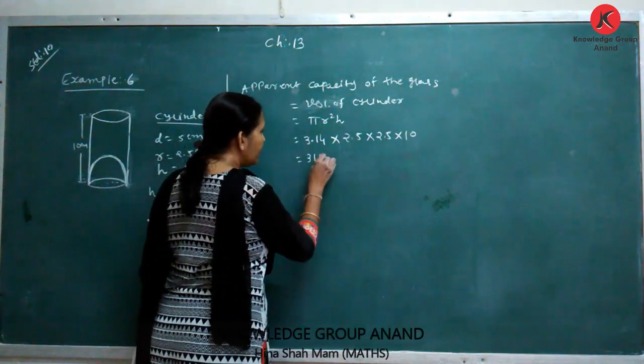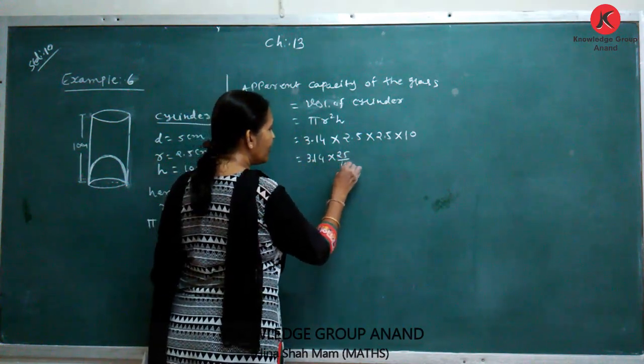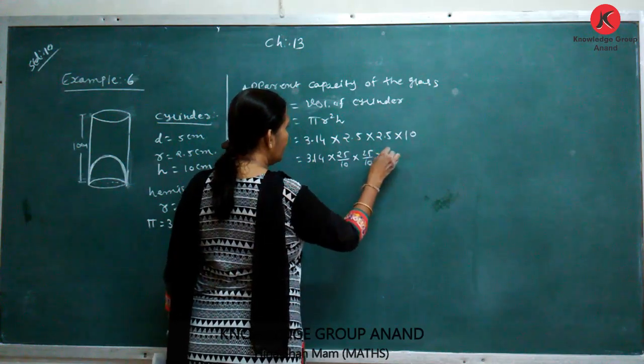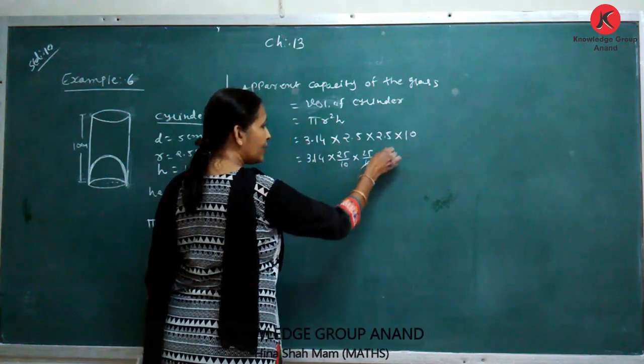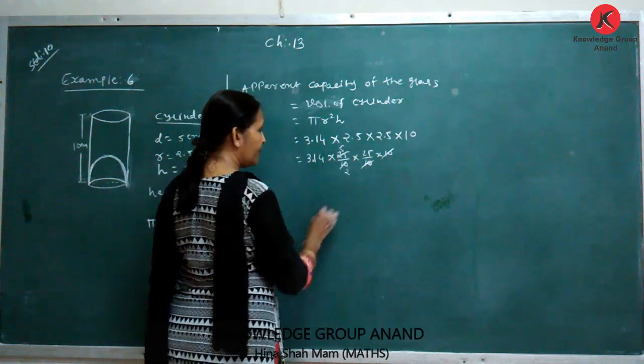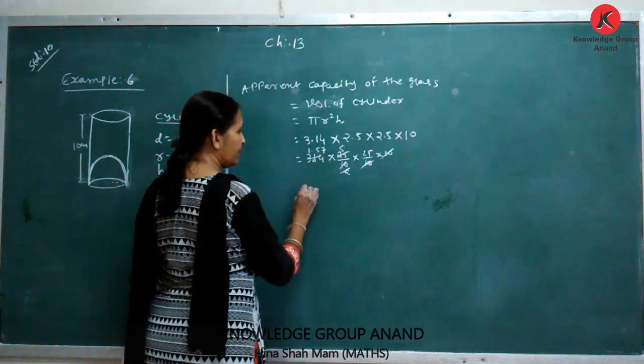Here 3.14 into 25 by 10 into 25 by 10 into 10. First we cut 10. 5 is 5 and 5, 1.57.